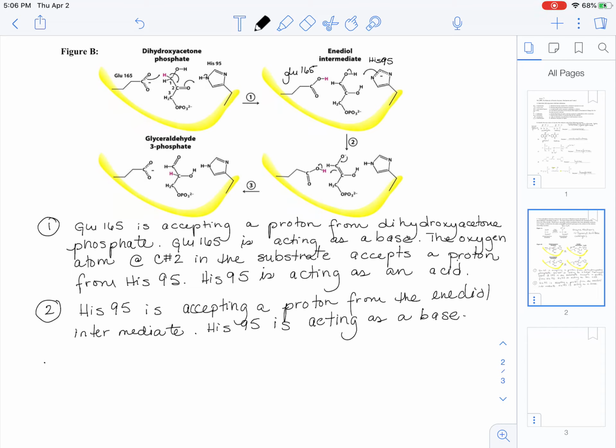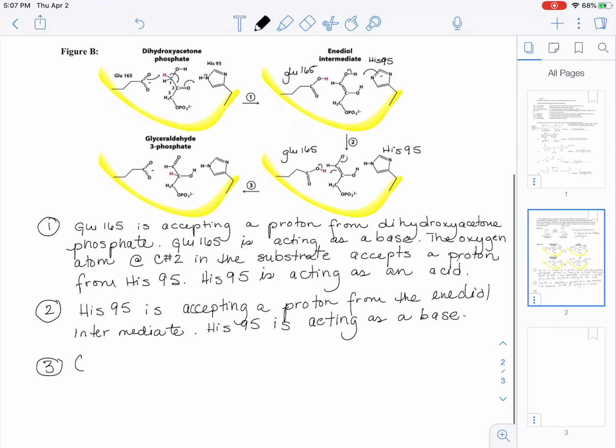Now, let's move on to step 3, the last step in this isomerization. In step 3, as you can see, we still have to the left the glutamate 165, or glutamic acid, and we still have the histidine 95. Now you can observe that the only protonation and deprotonation occurring is at the level of the new intermediate that is formed and the glutamate at 165.